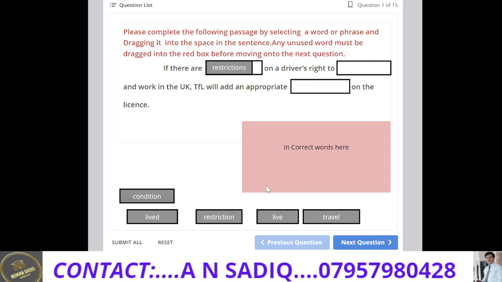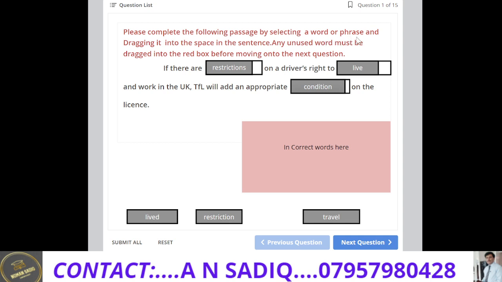Any word can be dragged from the bottom to its appropriate blank space in the same way. For example, this could be dragged here, or any other appropriate word could be dragged here.